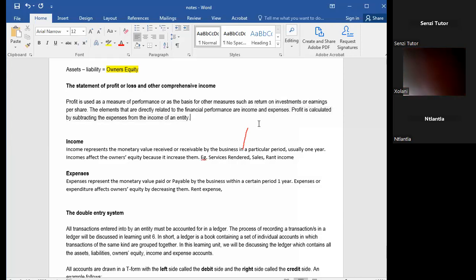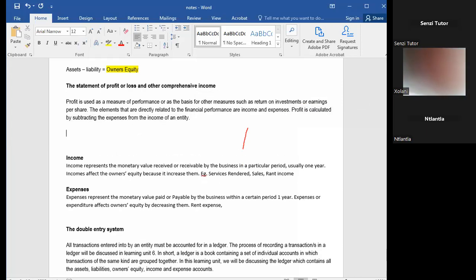Profit is calculated by subtracting expenses from what? The income. Therefore, if we want to see whether we have made a profit or loss, we must say incomes minus expenses. Then it will be equal to profit.